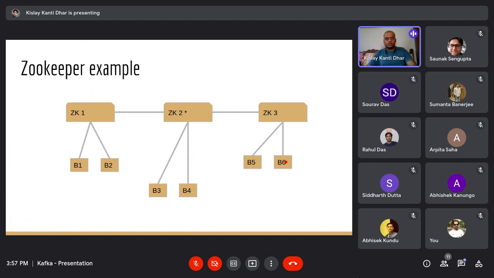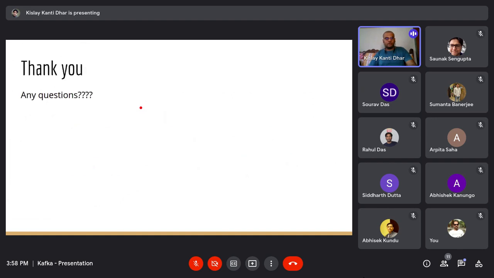Or if you connect to B6, you can get B2. I'm not remembering the exact mathematical term, but I think this is a well-connected graph. So this is a Zookeeper example, and that's all.